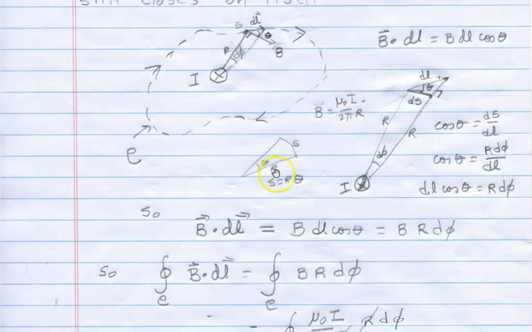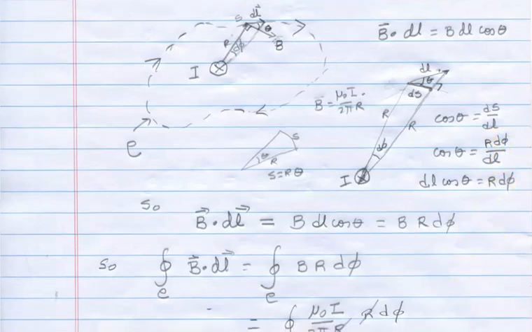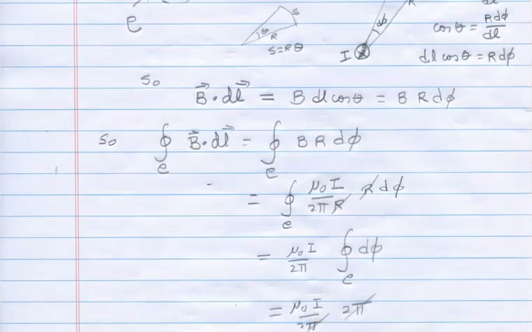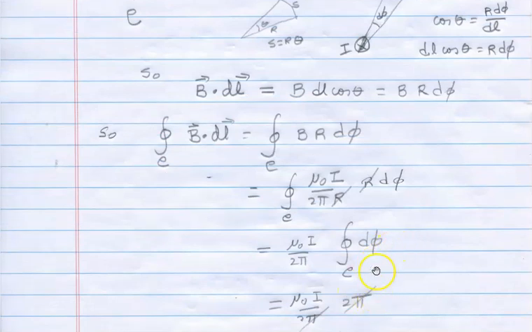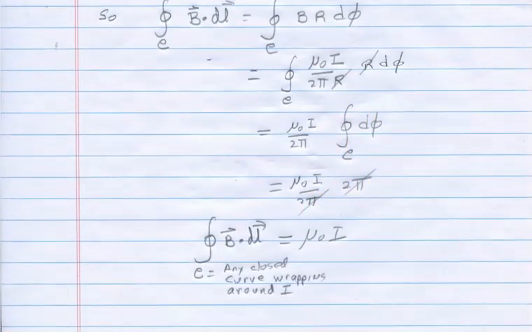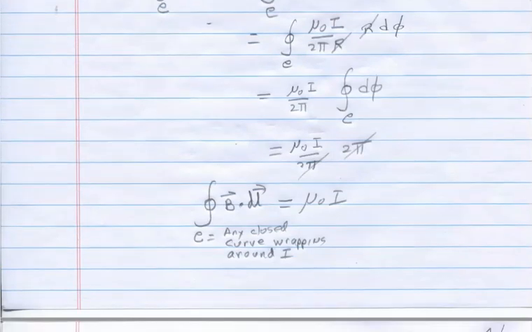Remember, we had to have angles in radians to make this computation. So to go all the way around, d phi simply is the total angle, 360 degrees, and that's 2 pi radians, and the 2 pi's cancel. And again, we get the same expression as for the circle, but now we've generalized it.